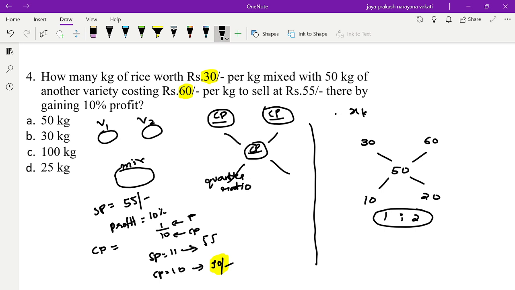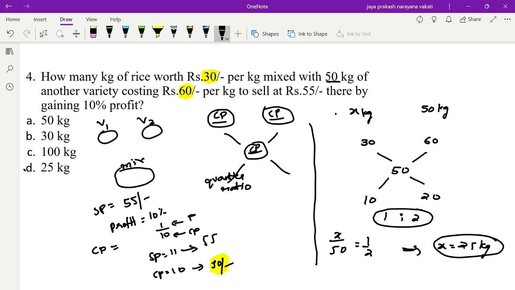So this x kgs is mixed with how many kgs here? It's given 50 kg, the second variety. So directly x to 50 kg is 1 is to 2 ratio we got, which gives x equals 25 kg. This is my answer.